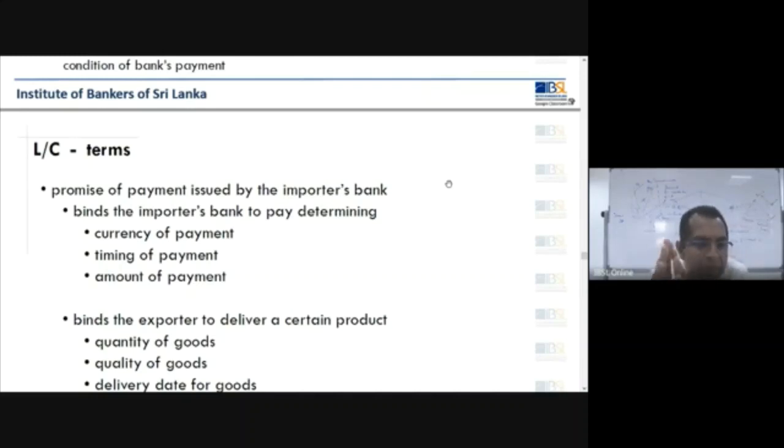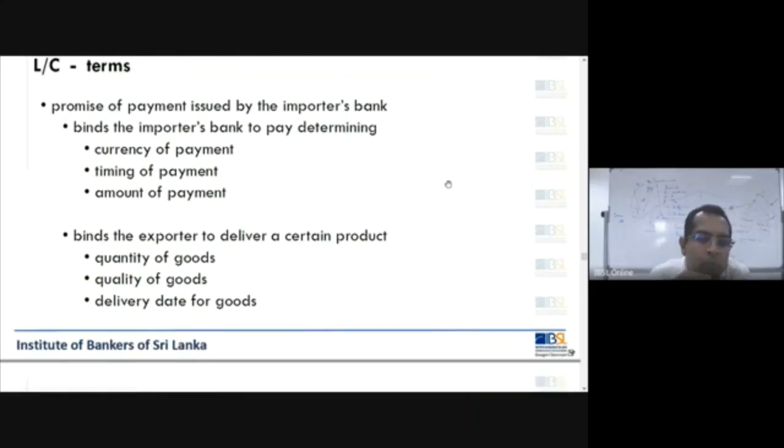Like that, we have a timing. Amount of payment is given in the LC, plus and minus. Bind the exporter to deliver a certain product: quantity, quality, delivery date. Because we need a quality certificate, we need the quantity verification, we need the delivery date.